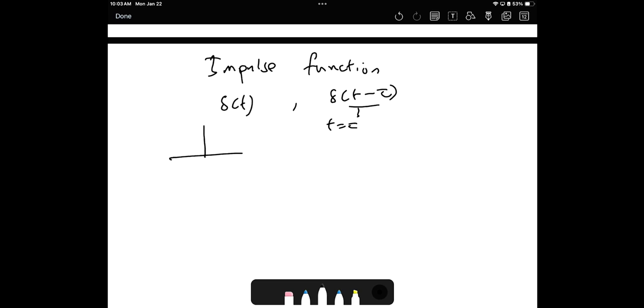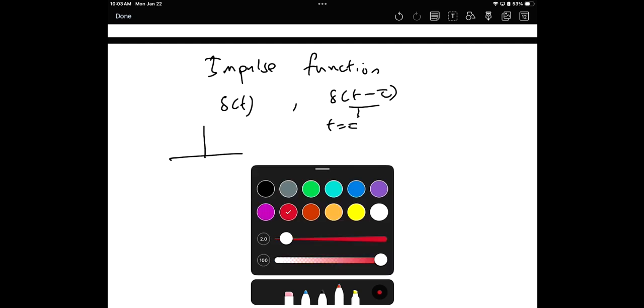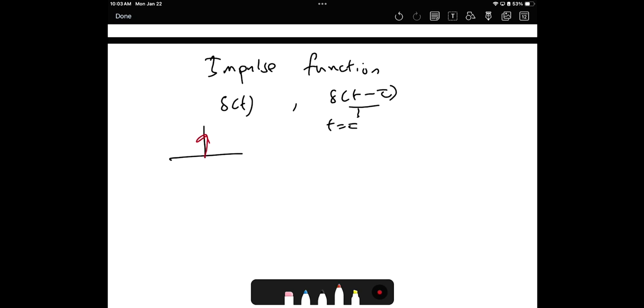Delta of t, the origin of the arrow, will be at 0, while delta of t minus tau will be located at tau. That's how it looks.